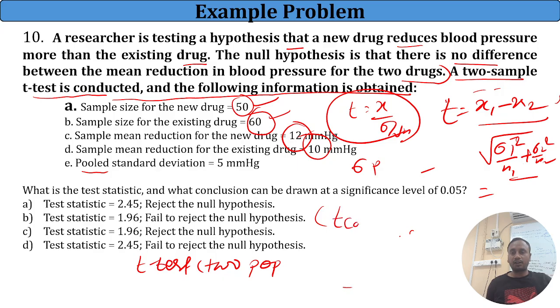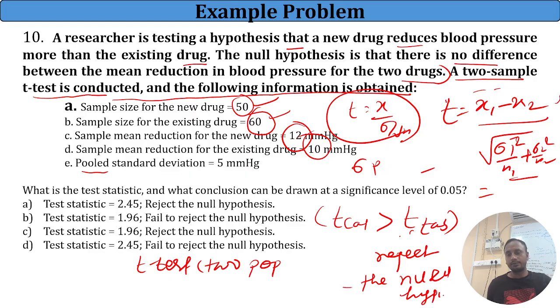When t calculated is greater than t tabulated, we have to reject the null hypothesis. So we have to get the t tabulated at alpha by 2 level, like 0.05 by 2 of 108. How much did it come? Can anyone tell? 1.659.